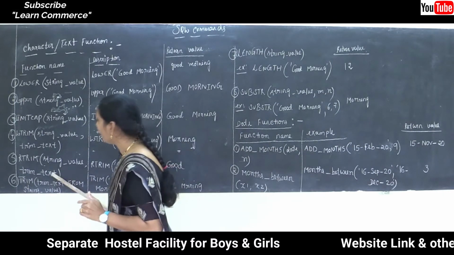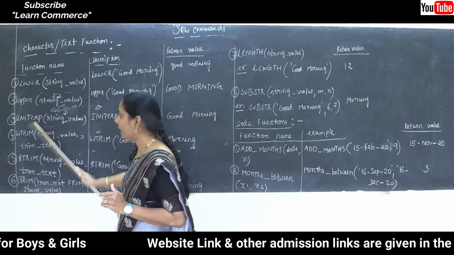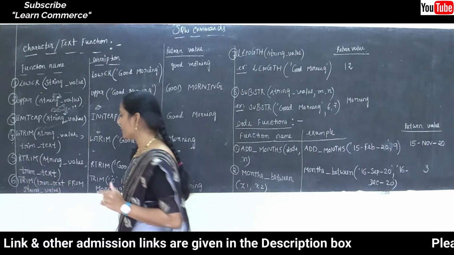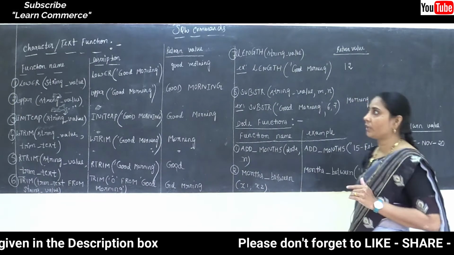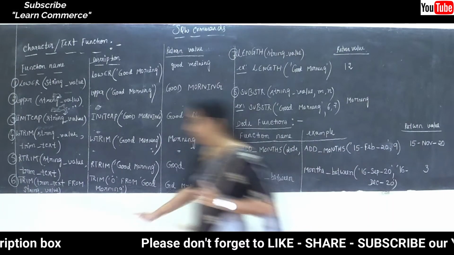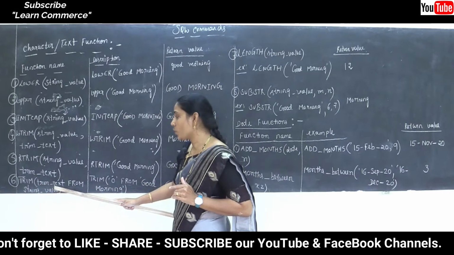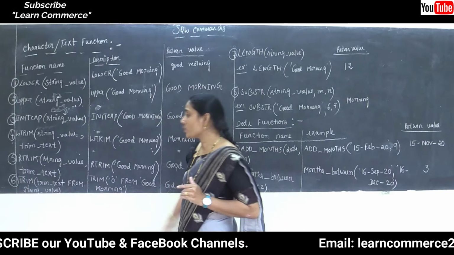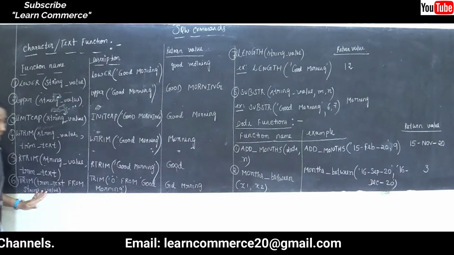After completing the lower function, upper function, initial capital, LTRIM (left trim) and RTRIM (right trim), the next one is the sixth function that comes under the character or text function, that is TRIM(trim_text FROM string_value). So what do I want to write in our example?